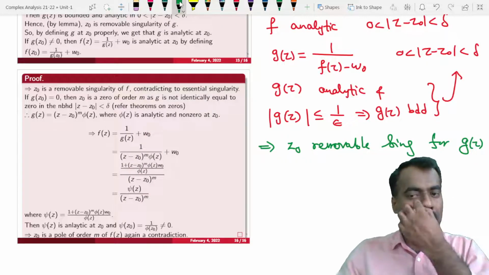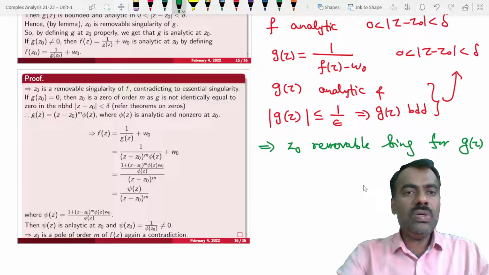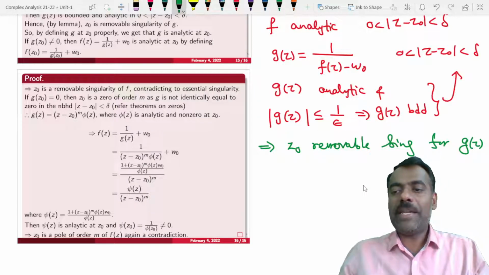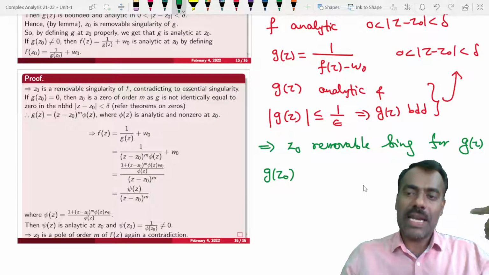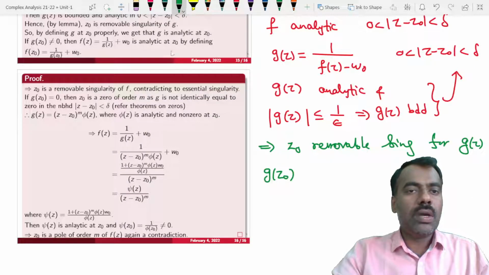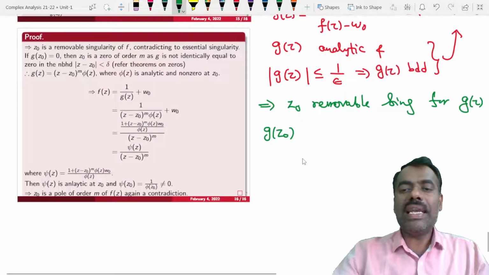Now whenever we have a removable singularity, the only problem is at z naught, so we can define g of z naught in such a way that g will become analytic at z naught. By defining g at z naught suitably, we get that g is analytic at z naught.